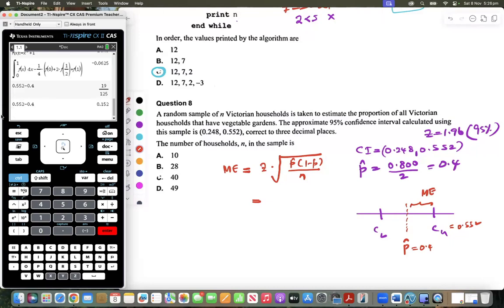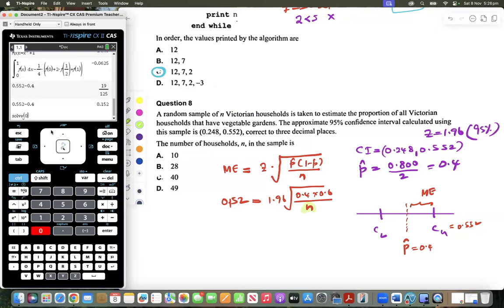Okay, so then I can get 0.152 is equal to 1.96 times the square root of 0.4 multiplied by 0.6 divided by n, which is my unknown. I need to use my calculator here. I can add that into the calculator using the solve function.